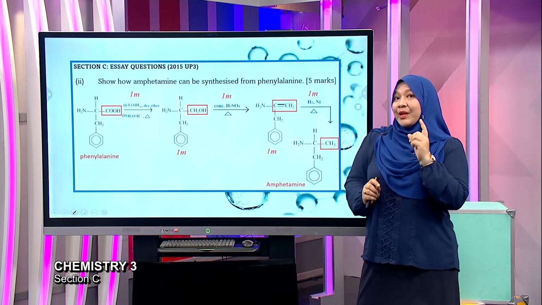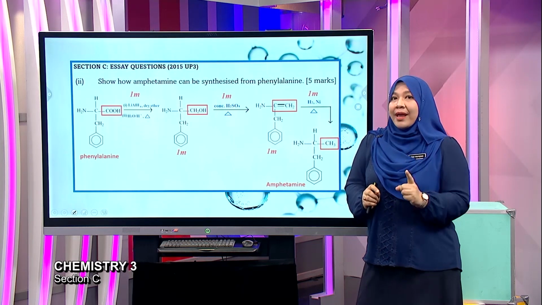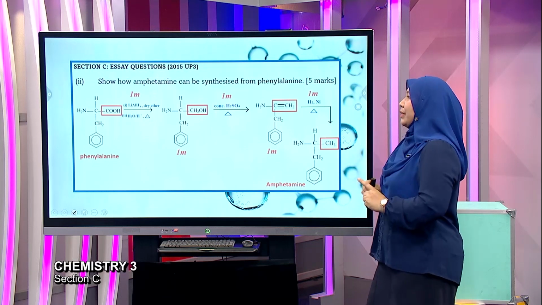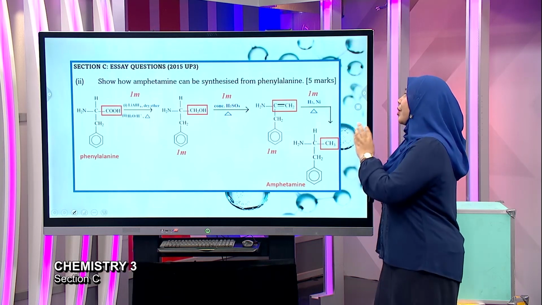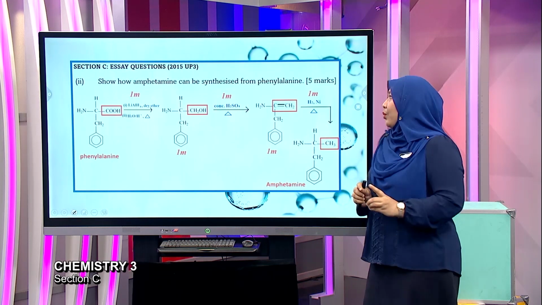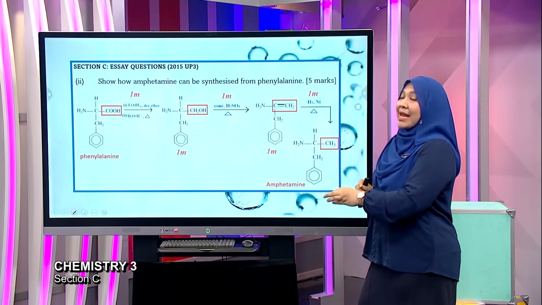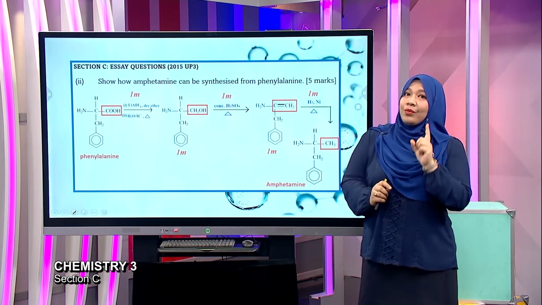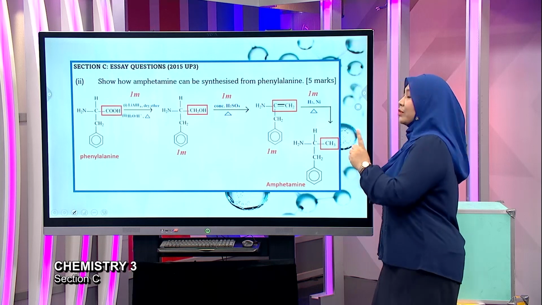So that is the correct reagent and correct condition. It will give you 1 mark. So the next one, once you have drawn the correct structural formula of the intermediate, where the carboxyl has been converted to CH2OH, you will get another 1 mark. And then proceed.